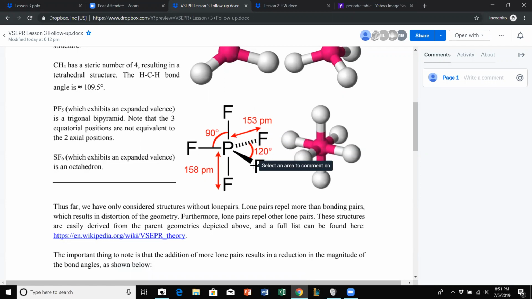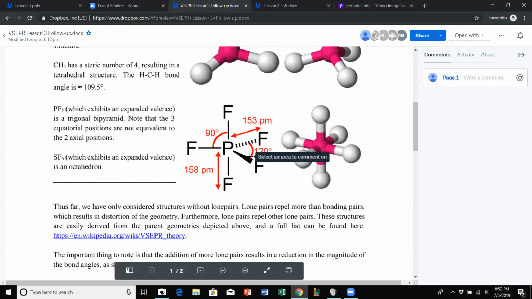But if you were to cool it down to like -100 Celsius, or take a crystal of it, you would see that there's a difference between these 2. And then SF6, which also exhibits expanded valence, is just an octahedron. So SF6, and all of these are the same, basically.